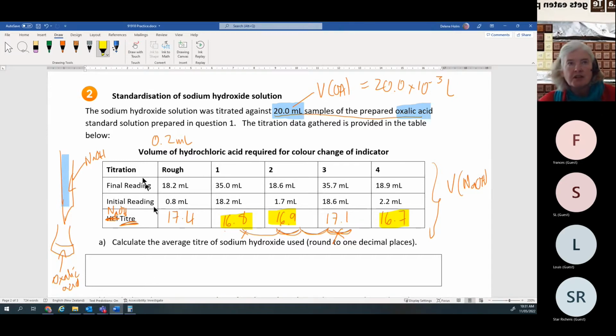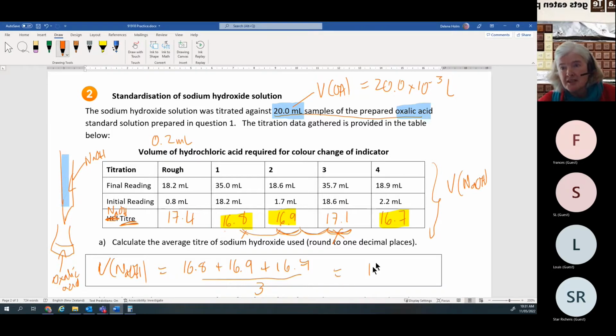So when I want to calculate the average titer, my V NaOH is equal to 16.8 plus 16.9 plus 16.7 divided by 3. This is very easy, hopefully you can do it in your head. It's 16.8 milliliters, or 16.8 times 10 to the minus 3 liters.